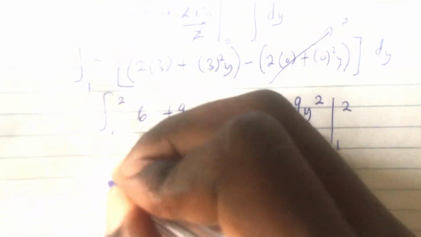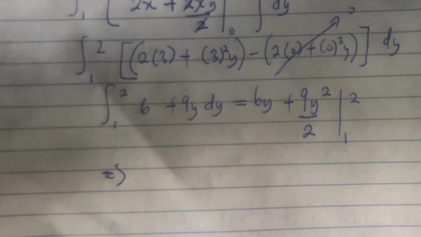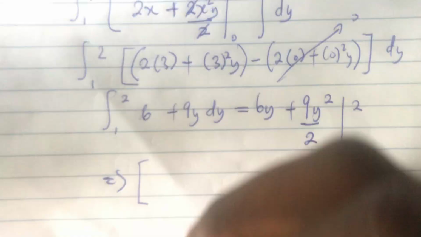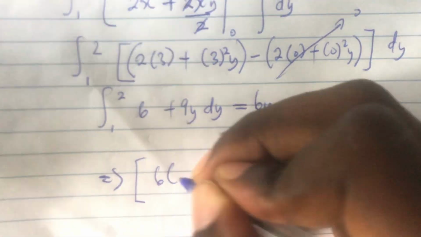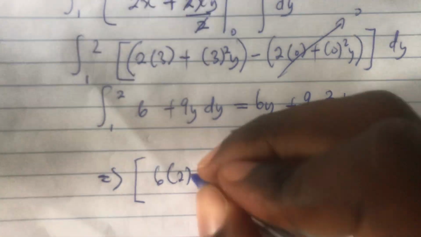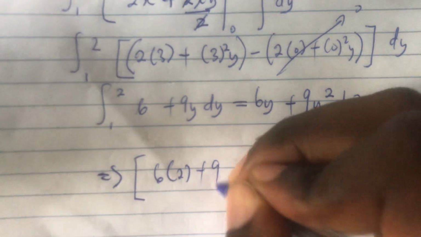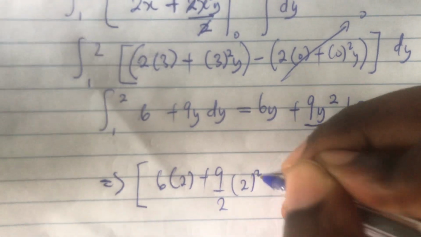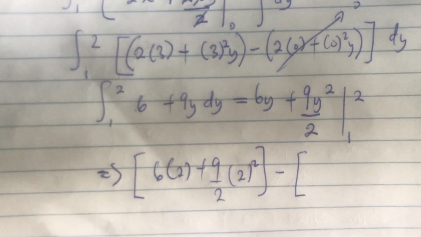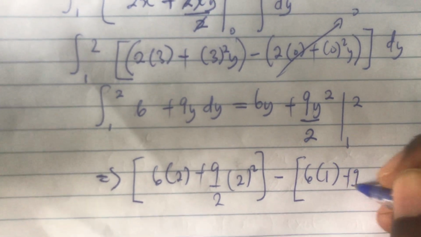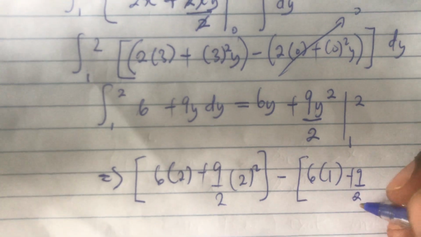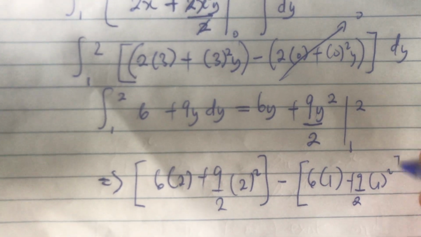So now we put in the upper limit and the lower limit. So our upper limit is 2 and the lower limit is 1. So you have 6 into bracket 2 plus 9 over 2 squared, minus that of the lower limit, 6 into 1 plus 9 over 2 times 1 squared.